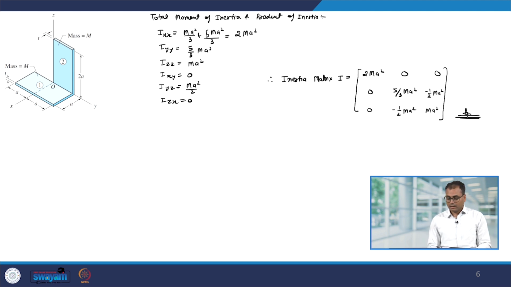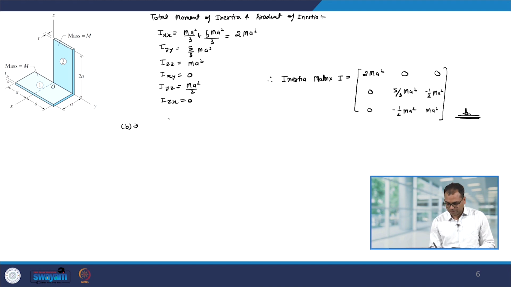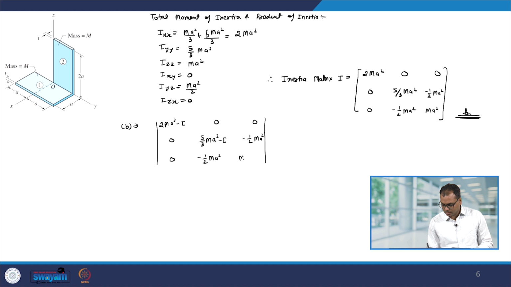Okay. Now, let us look at the second part. In part B, we have been asked to find out the principal moment of inertia. So, that will be the solution of the following determinant: 2 m a square minus I, 0 and 0, 0, 5 by 3 m a square minus I and minus half m a square, 0, minus half m a square and m a square minus I equal to 0.